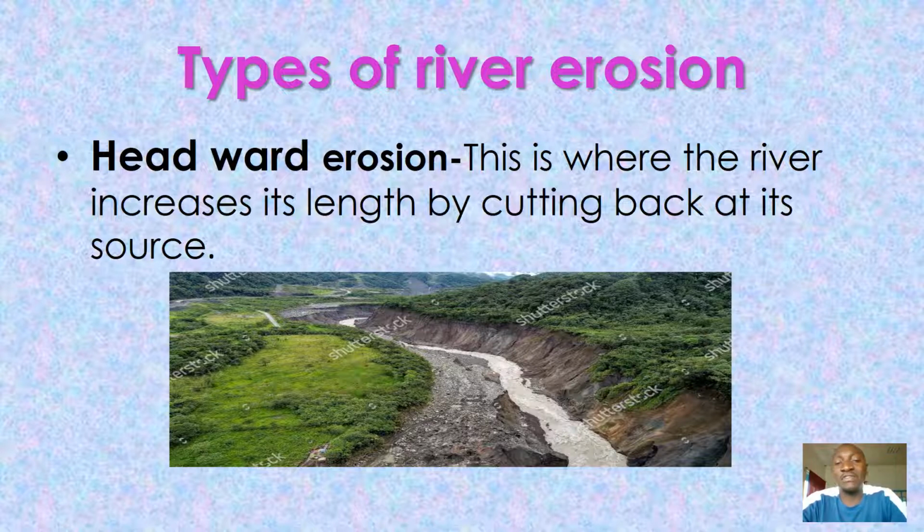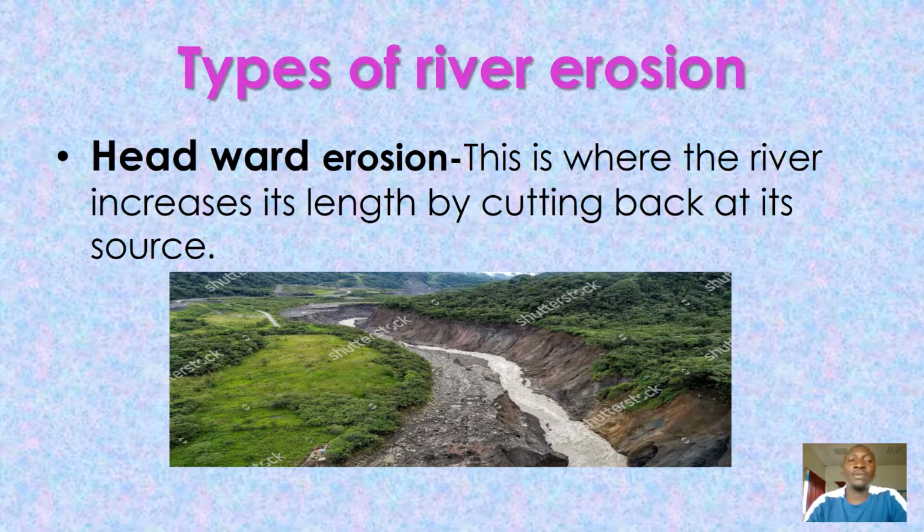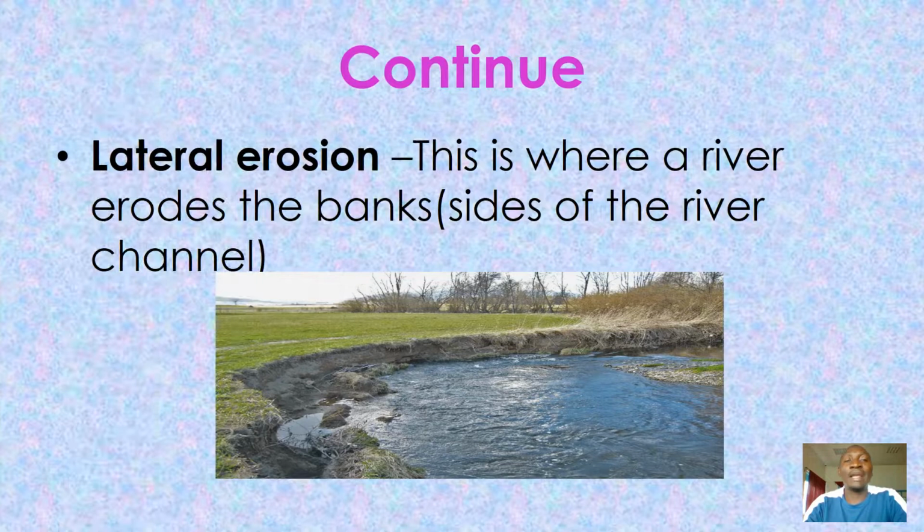When the river is lengthening its channel, it is forced to erode backwards from the source, and that lengthens the channel, which will accommodate more water to enable continuous flow.